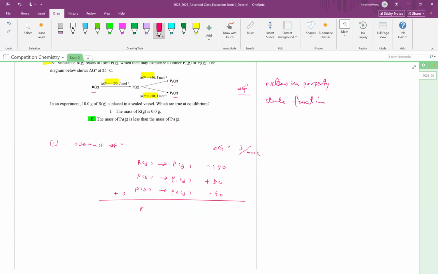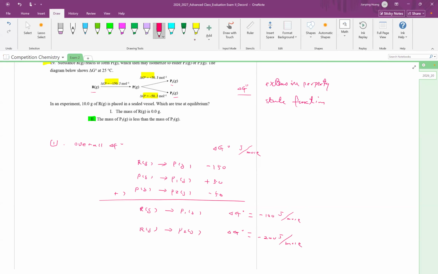You get Rg to P1g, and the delta G equals 100 joule per mole. Now, Rg to P2g, delta G, you get 200 joule. Can you see?